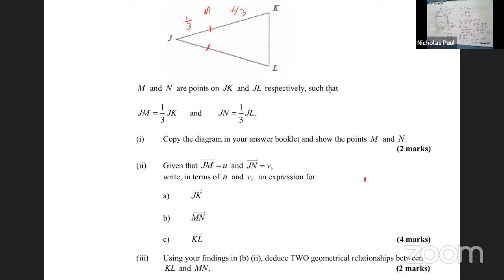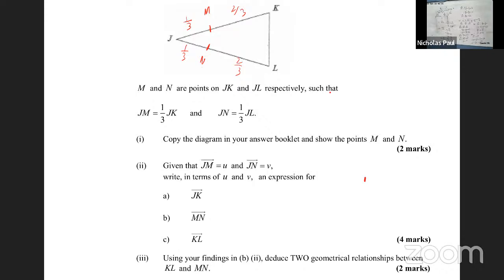So somewhere here, 1/3 and here's 2/3. Copy your diagram. Then they told you that JM is u. So if here is u, actually, we could take off that 1/3 and 2/3.